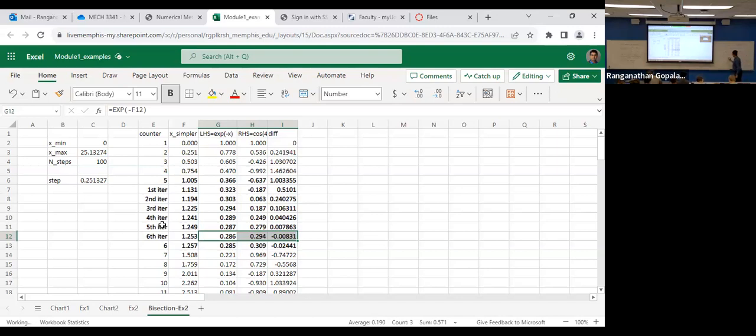You can write x can be anything between 1.249 and 1.253, which leads to error less than 0.01. So the implication is you can never really get an exact value, but you can narrow it down to a range which is small enough so that you can practically call it an exact value.